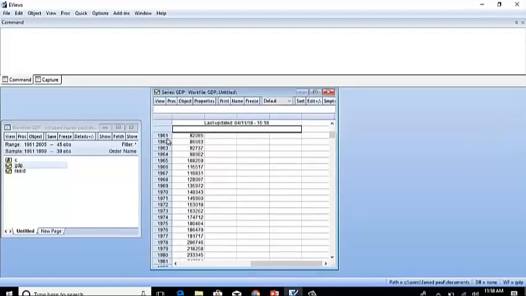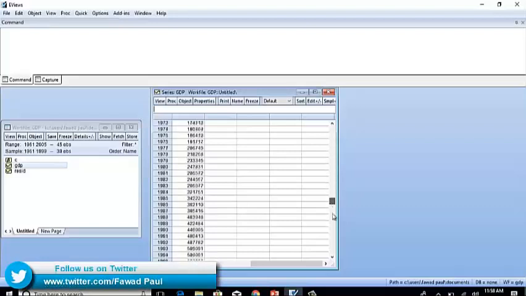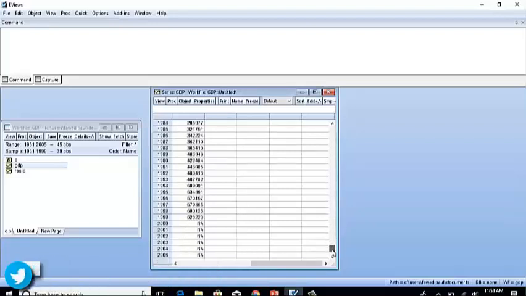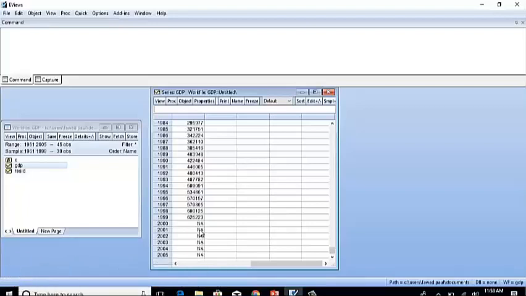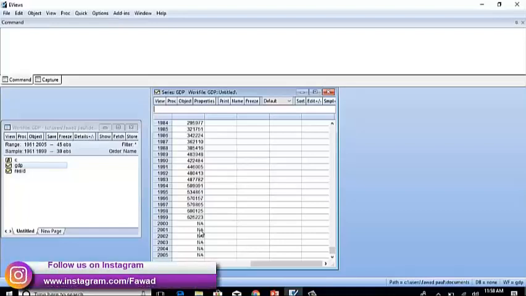So let's consider this is our GDP data. This GDP data started from 1961 to 1999, and the rest of the years show not applicable, meaning they are empty, meaning that we will forecast either using the ARMA or ARIMA procedure.